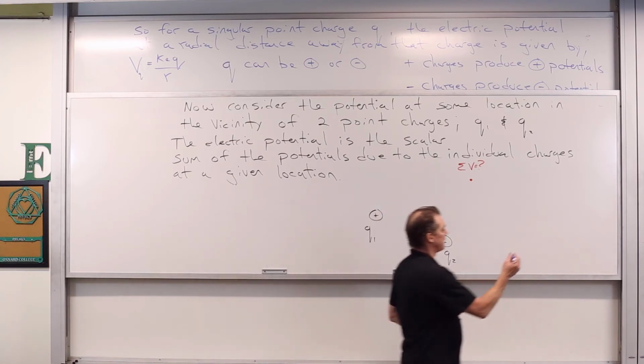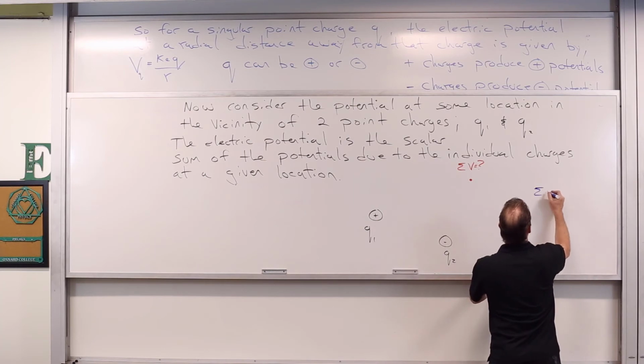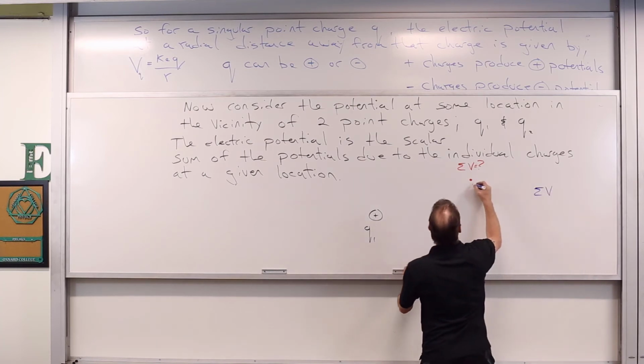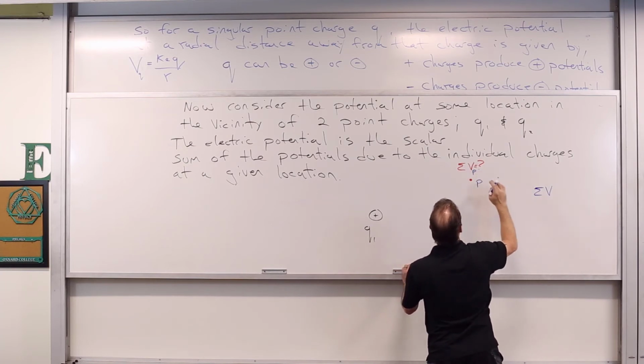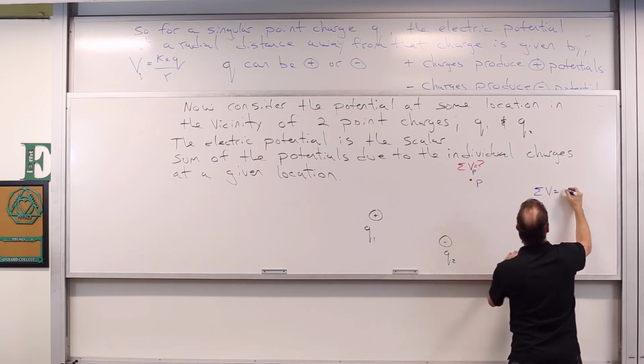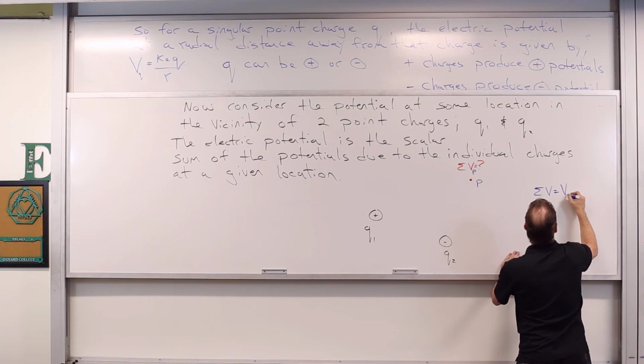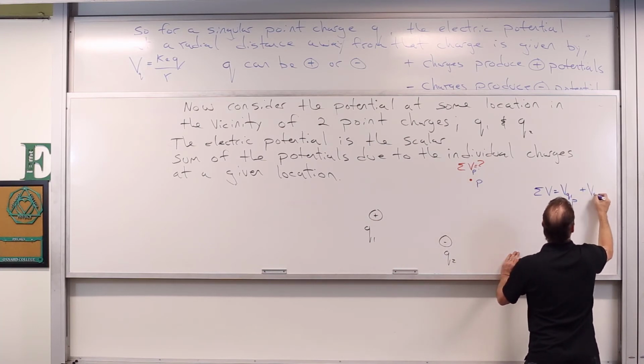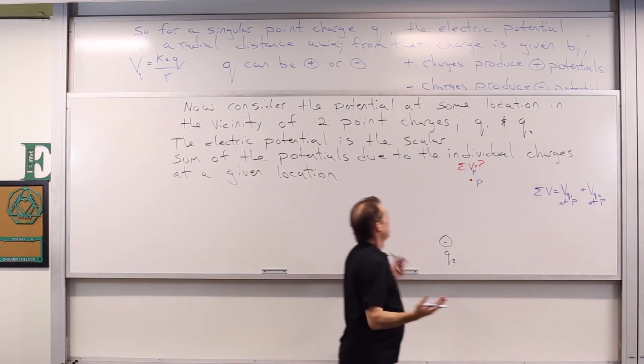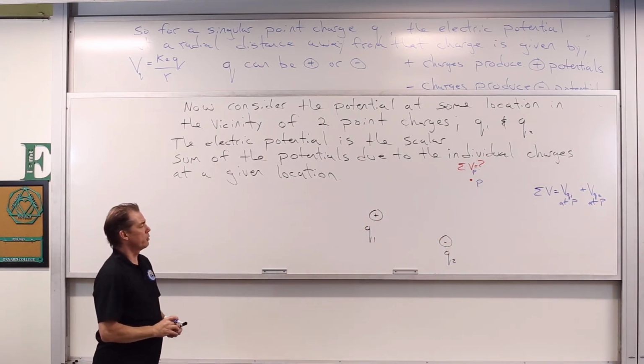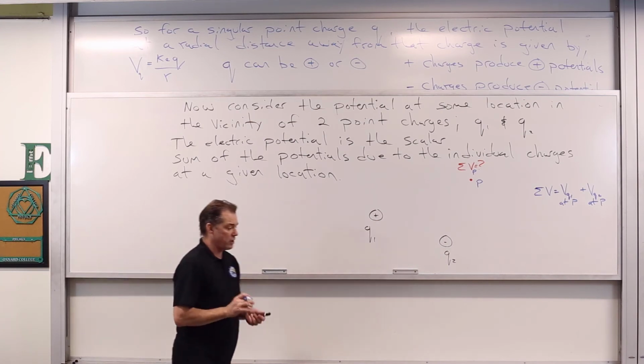So we would have that the sum V at this point P is equal to V of Q1 at P plus V of Q2 at P. So we just add up the individual potentials due to those individual charges at that location in space.